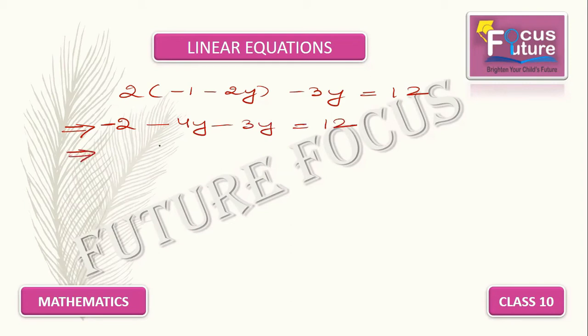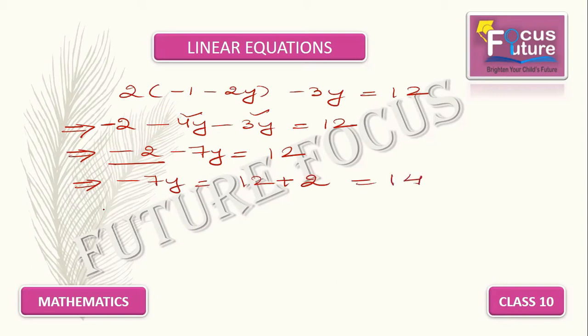So minus 4y minus 3y would be minus 7y, so minus 2 minus 7y is equal to 12. Minus 2 would go to the right hand side. So you would get minus 7y is equal to 12 plus 2, that is equal to 14.